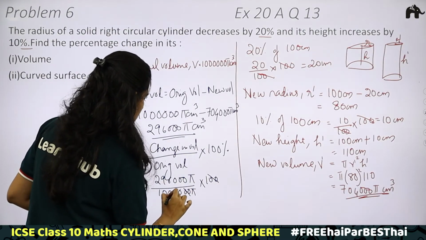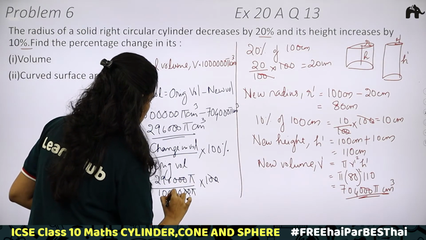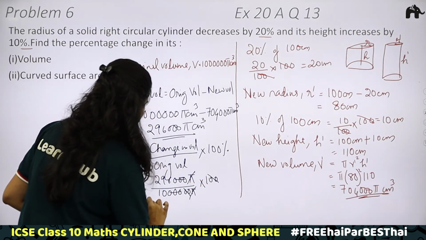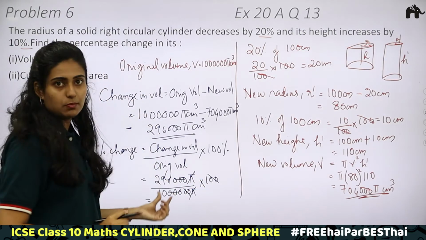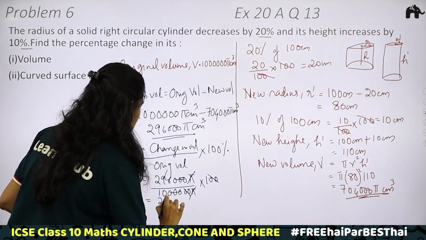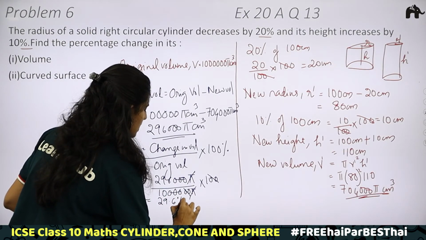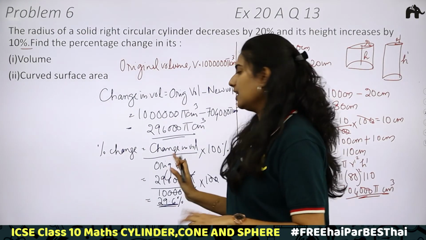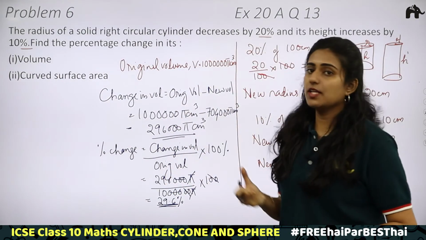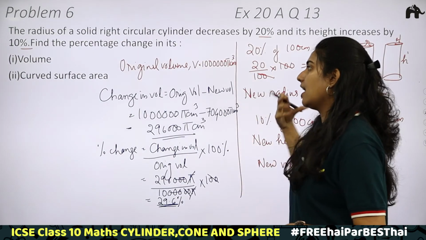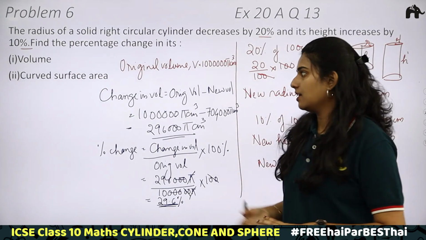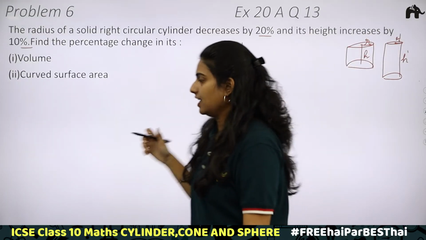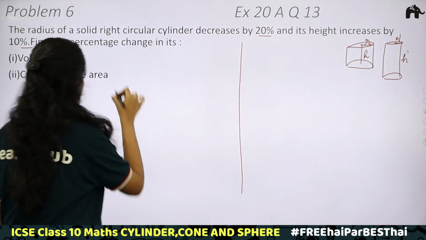Zeros. Here we have 3 zeros. 3 zeros cancelled. Pi and pi can be cancelled. Then you will be having 296 divided by 10, which is 29.6%. So this is the percentage change in volume. Clear? When the radius decreases by 20% and height increases by 10%. Okay. Next, we need to find the percentage change in the curved surface area. Second part.